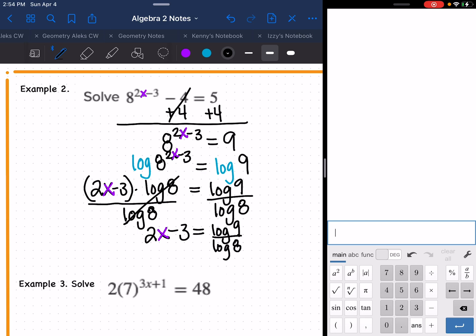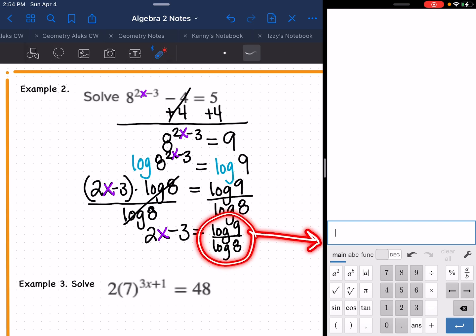My intention is that this is going to go into the calculator, of course, but I don't want to do it yet because I do not want to round in an intermediate step like this. If I were to do so, I end up with the possibility of being wrong at the end. So it's always best to round at the very, very end.